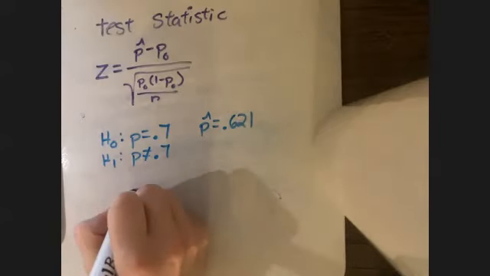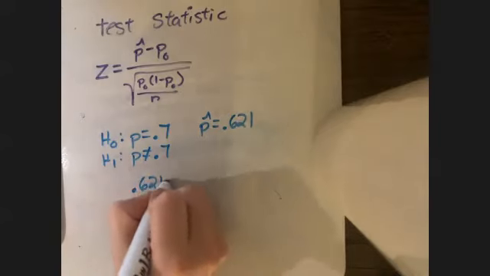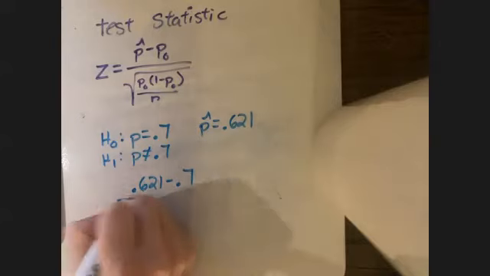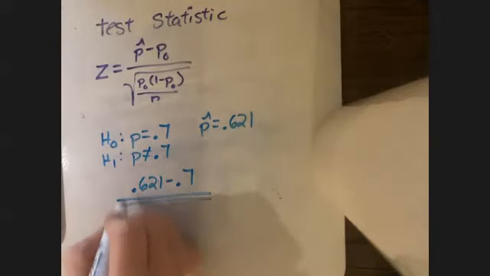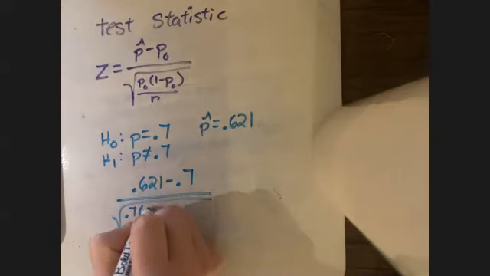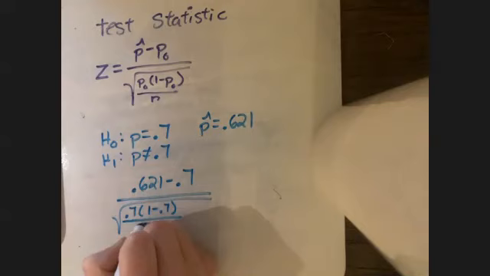So plugging this in, I've got 0.621 minus 0.7 over the square root of 0.7 times 1 minus 0.7 over 58.